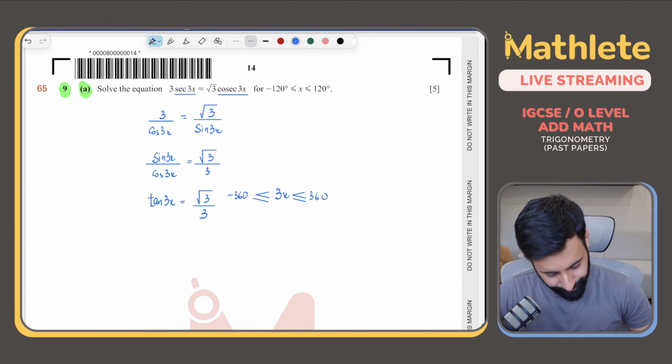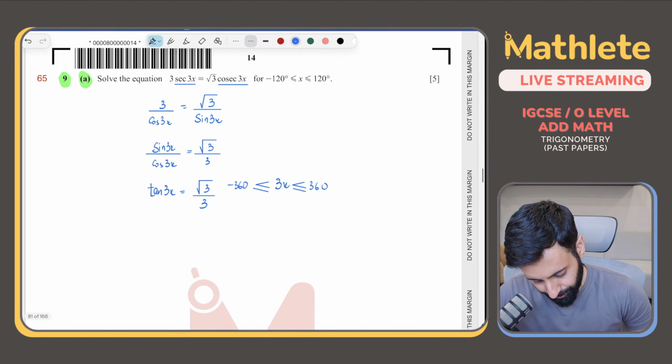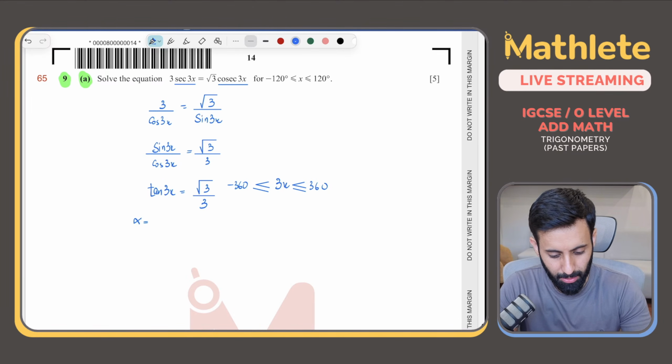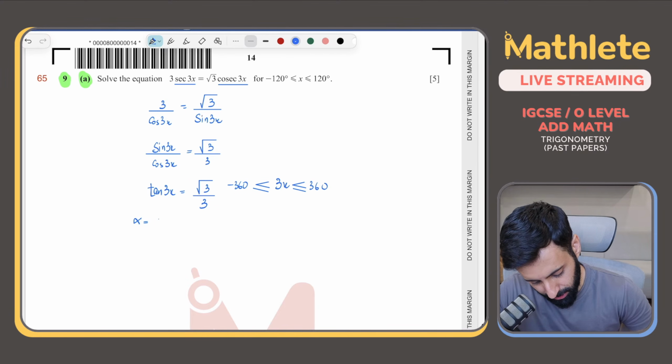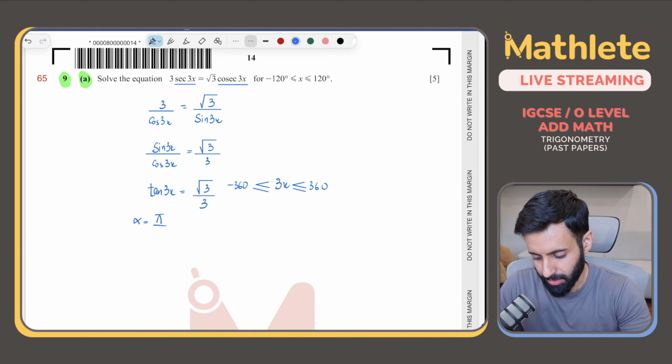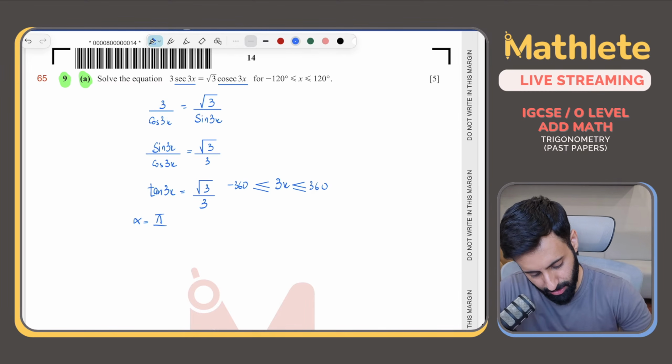Okay, now, so let's find out alpha, for which we're going to take tan inverse of under root 3 upon 3. So tan inverse of under root 3 upon 3, that's equal to pi upon 6. No, wait a minute. Make sure that your calculator is in degree mode. That's equal to 30 degrees.